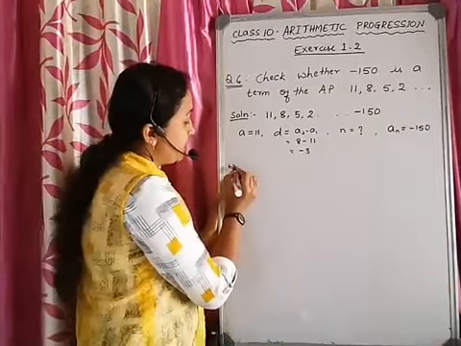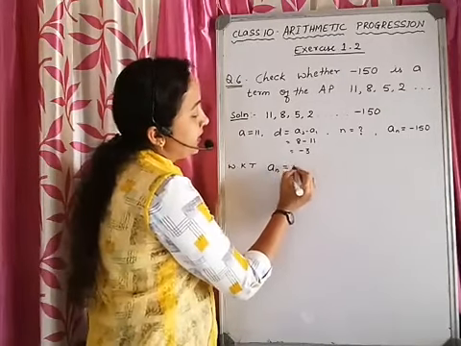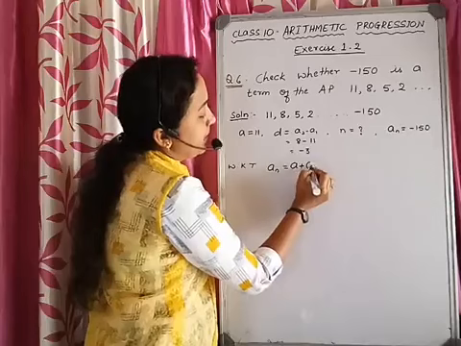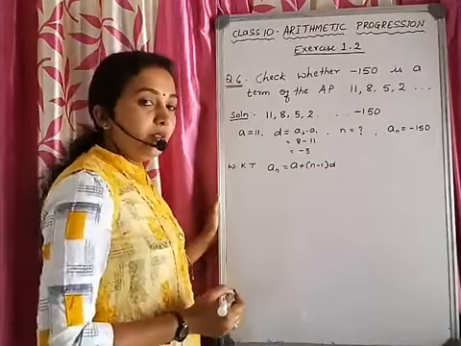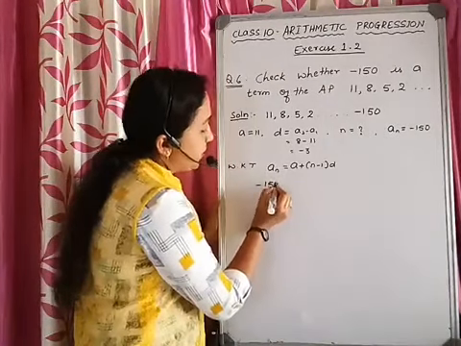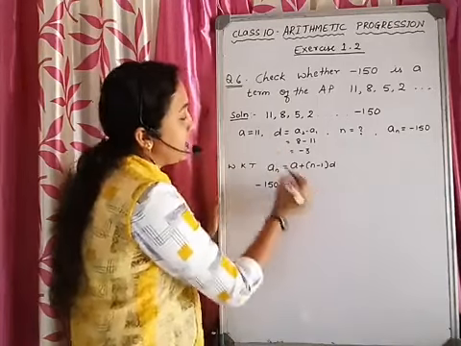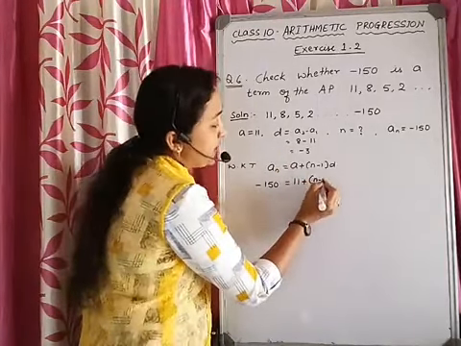We know the formula an is equal to a plus n minus 1 into d. Right children? Okay, let us substitute. An is equal to minus 150, a is 11 plus. We don't know n, keep it as it is.